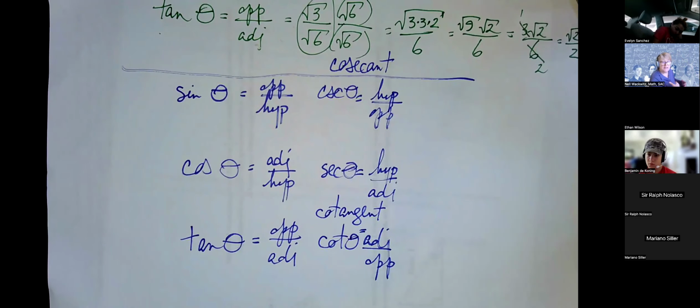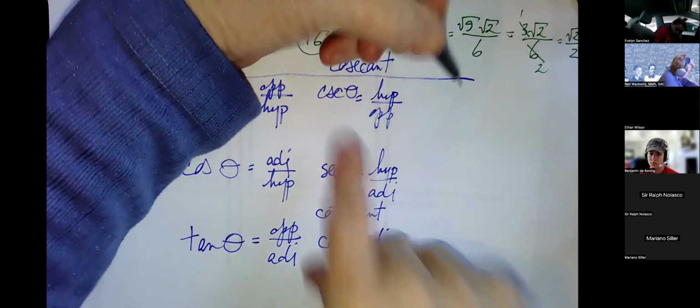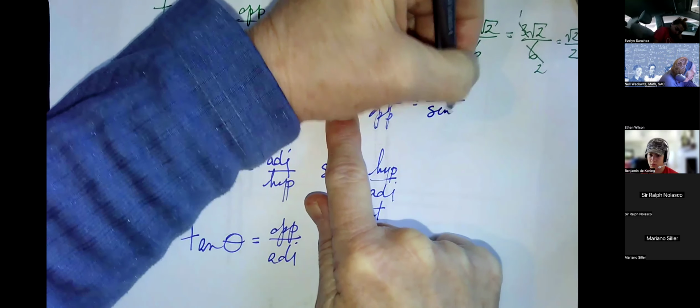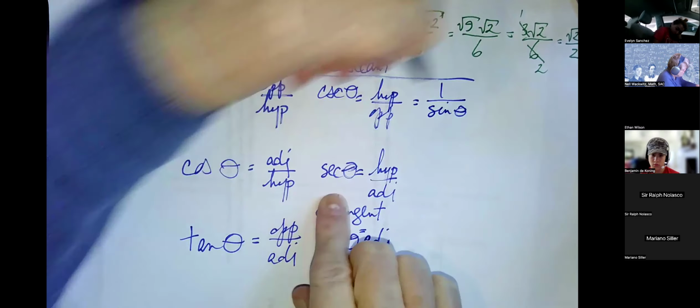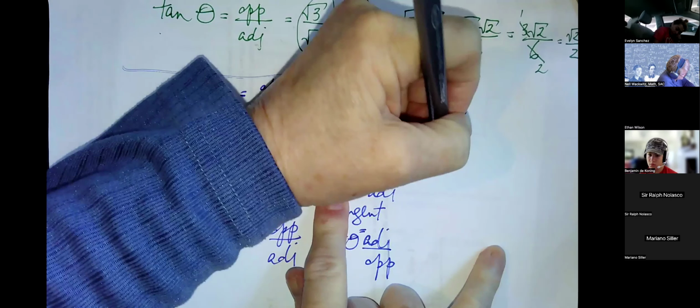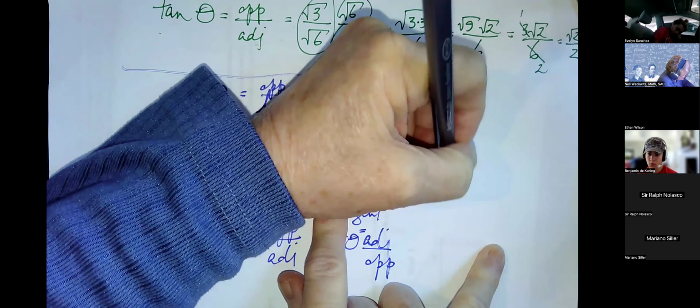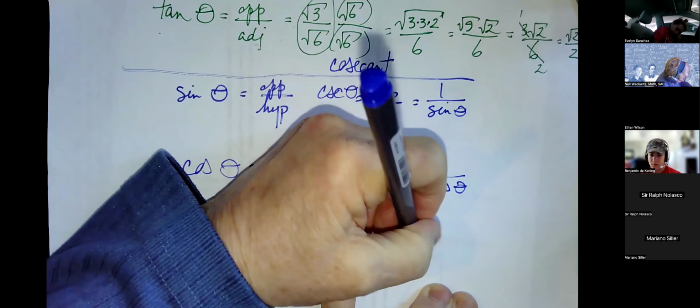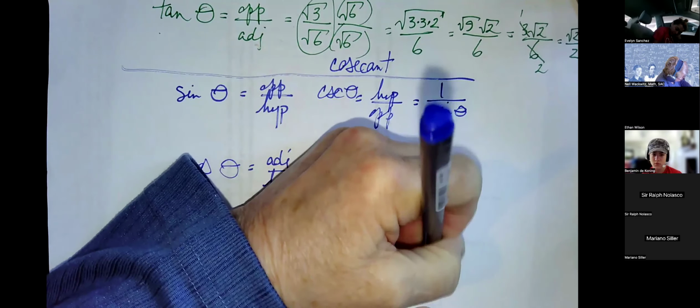And what you can see is that cosecant is the reciprocal of sine. Secant is the reciprocal of cosine. Cotangent is the reciprocal of tangent.